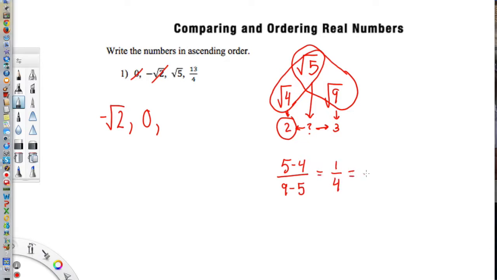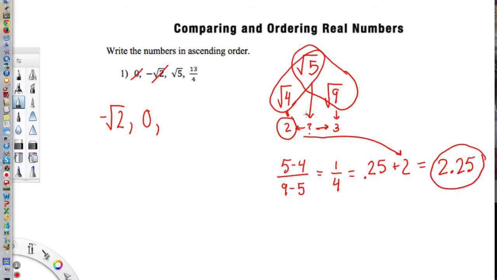And I know that 1/4 will turn into the decimal when I divide 1 divided by 4. I'm going to get 25 hundredths. And if I add that to my whole number, my final answer will be approximately 2 and 25 hundredths. So that's the square root of 5.